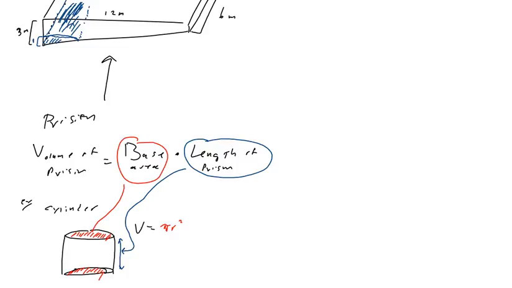So pi r squared times this thing here, we call it the height. And that's the formula for the volume of a cylinder: pi r squared h. That's why it's the formula, because you have the area of a circle times the length of the space the circle is stretched across. Pi r squared h.